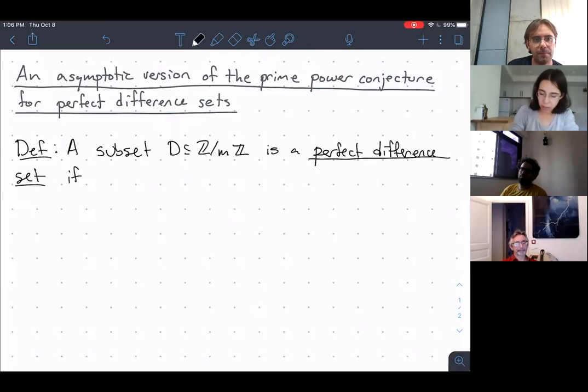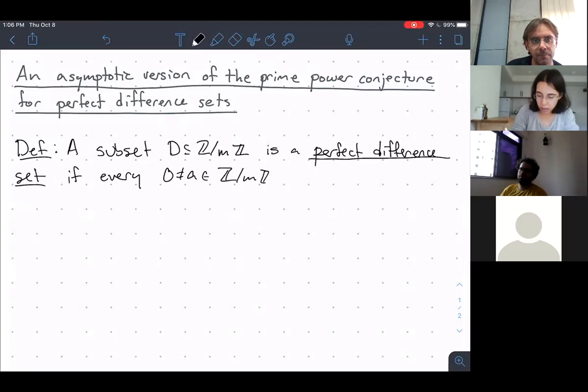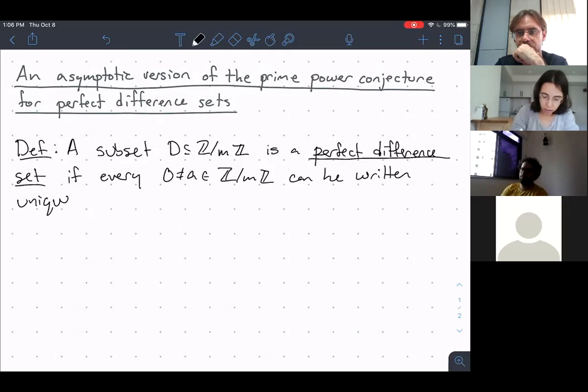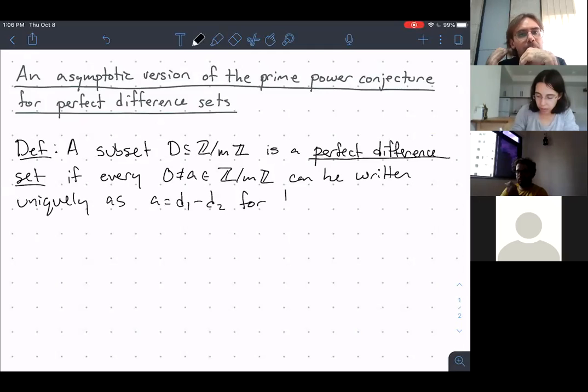So subset D of a cyclic group is a perfect difference set if every non-zero a can be written uniquely as a equals d1 minus d2 for d1 and d2 elements of D.